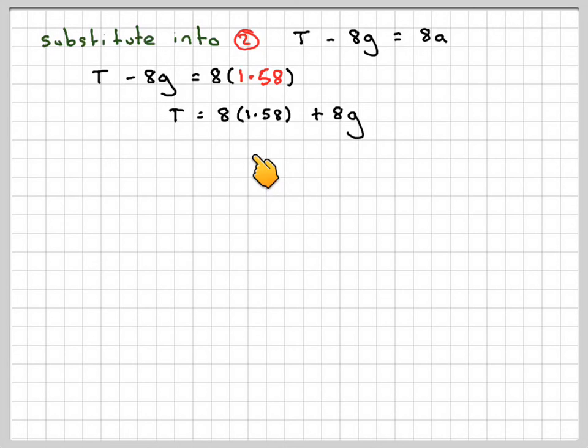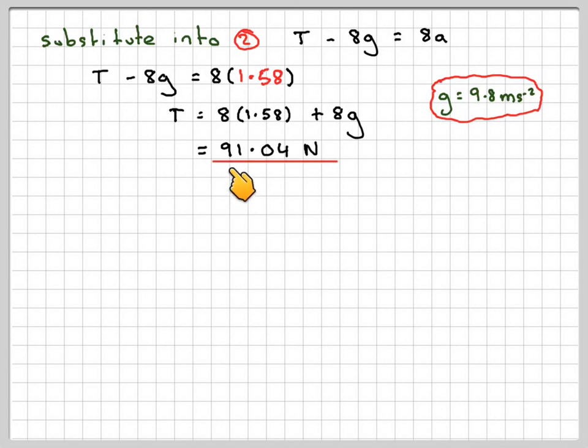Therefore, T will be 8 times 1.58 plus 8g when you take that over here. And that gets g, remember, is 9.8 meters per second squared. So that gives the tension equal to 91.04 newtons.